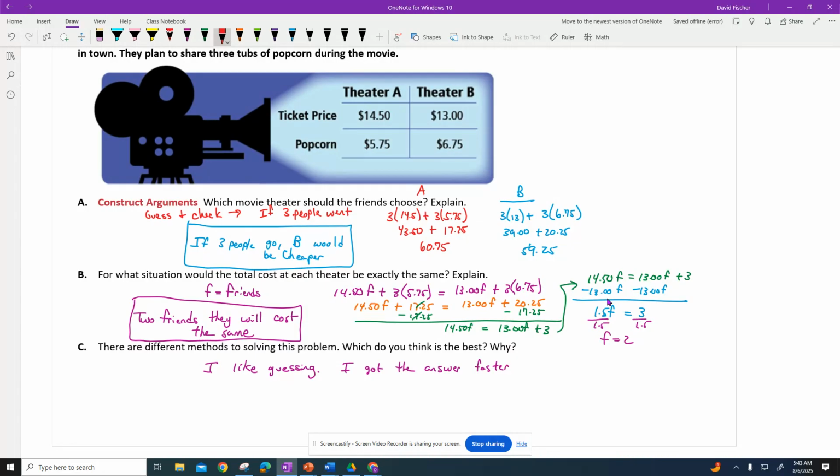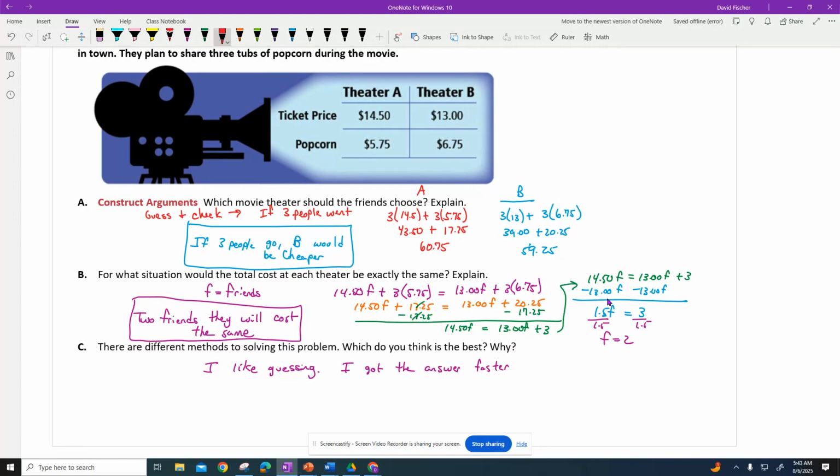So I rewrote it up here so I had some more room. If I got my numbers over here, then that means I want to get my F's over here. So I subtracted $13 F's. I came up with 1.5 F's equals 3. I divided both sides by 1.5 to get the F by itself, and I got 2. So now I'm going to come over here and say 2 friends, they will cost the same.